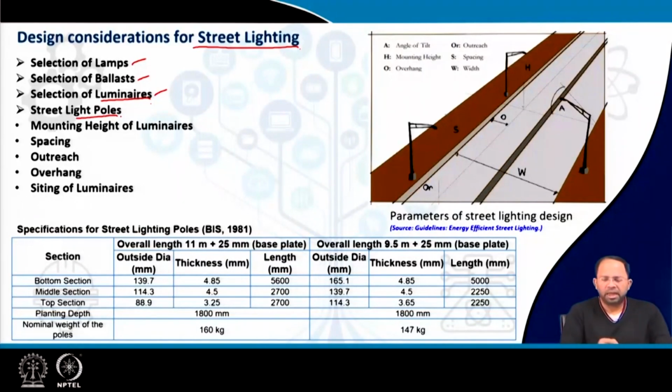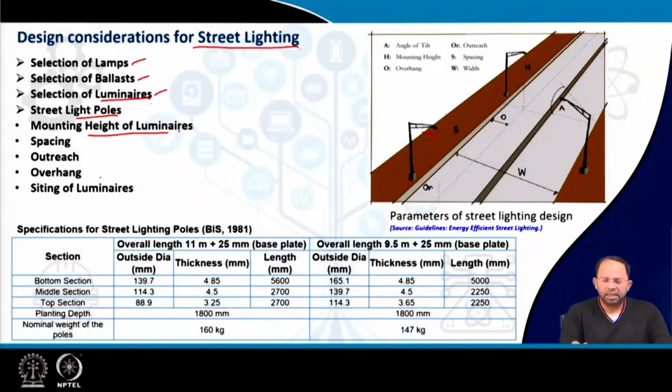Street light poles have different parameters to consider, like mounting height of the luminaire, at what height we are putting the luminaire, spacing, the gap between the poles, outreach, and overhang. Overhang is how much it is hanging into the street. If it is too long, then what happens? The light doesn't reach the curbs, and that can create accidents.